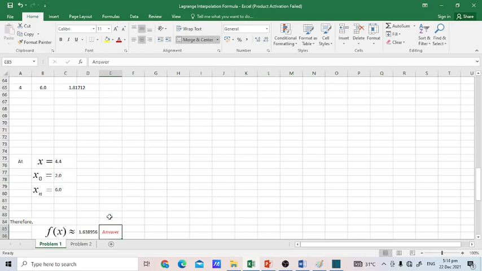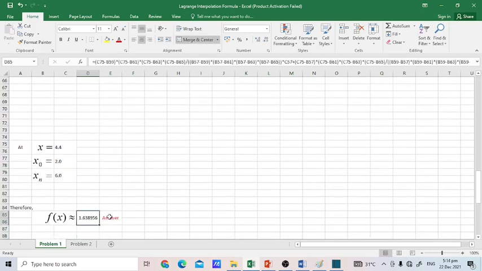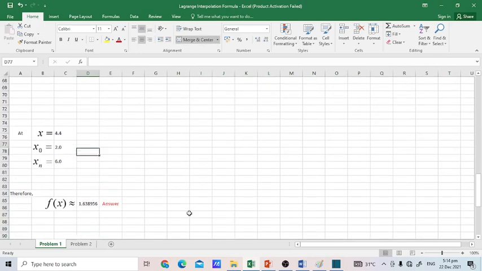Because the value was replaced and x sub 0 became 2, the f of 4.4 became 1.638956. So that's all you will do.